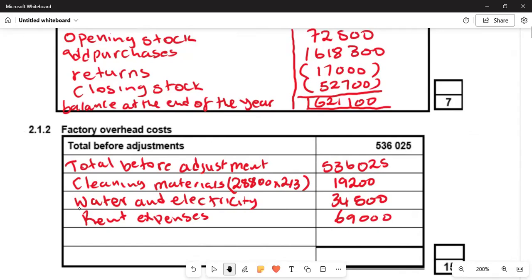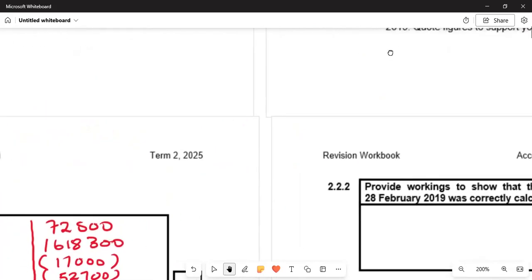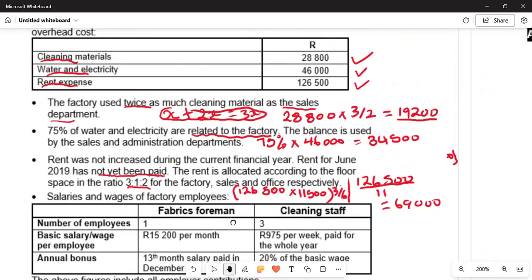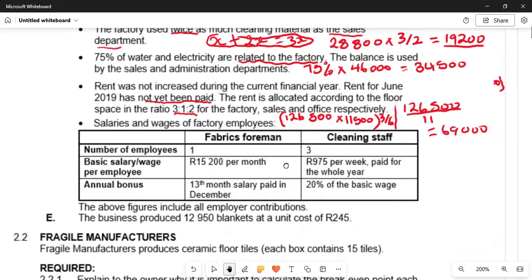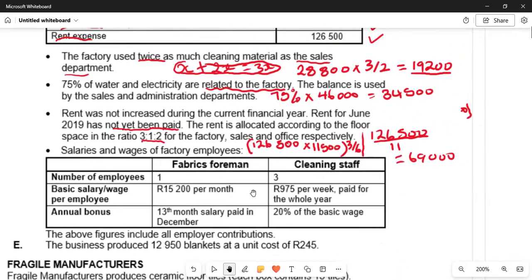So now we are going to go to the wages. There are wages that we were given, as we were told about the fabrics foreman as well as the cleaning staff.